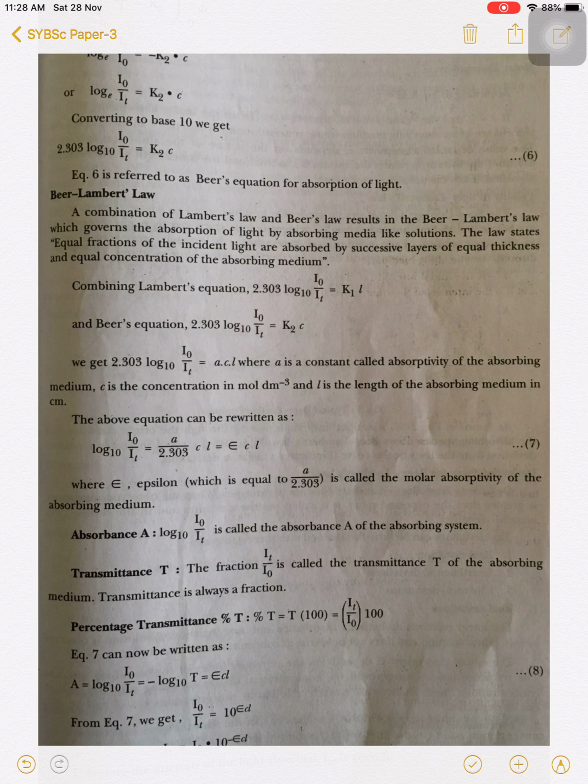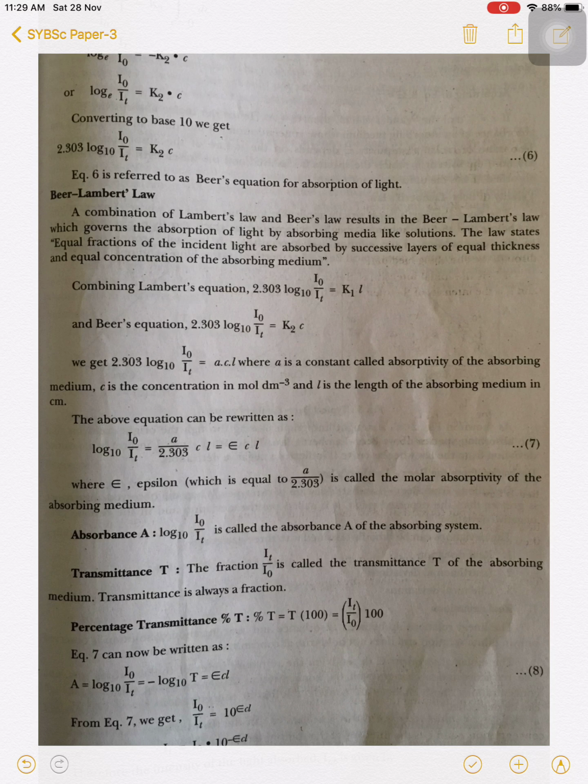Again, if we combine these two equations, then we will get the new equation, that is the Lambert-Beer law equation. According to this law, the light absorbed by the absorbing medium is directly proportional to the thickness and also the concentration of that medium.